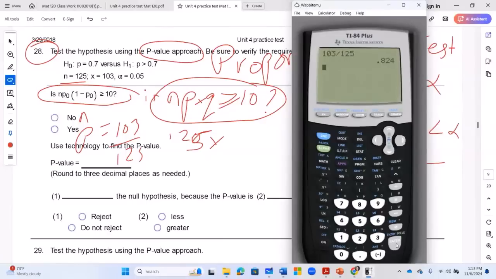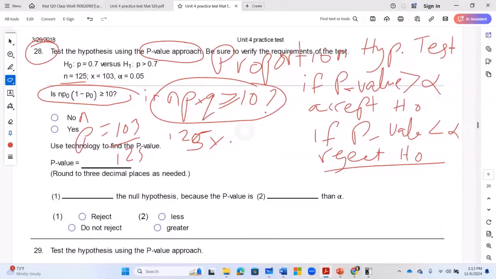So if P is 0.824, then Q, the probability of failure, is 1 minus P. When I hit enter, I have 0.176. So I can now put them all in here, 0.824 multiplied by 0.176.